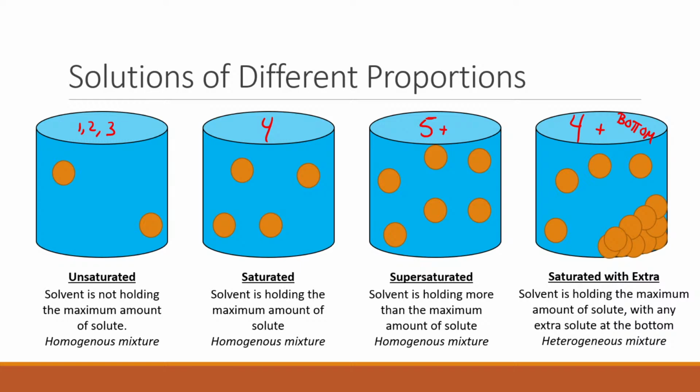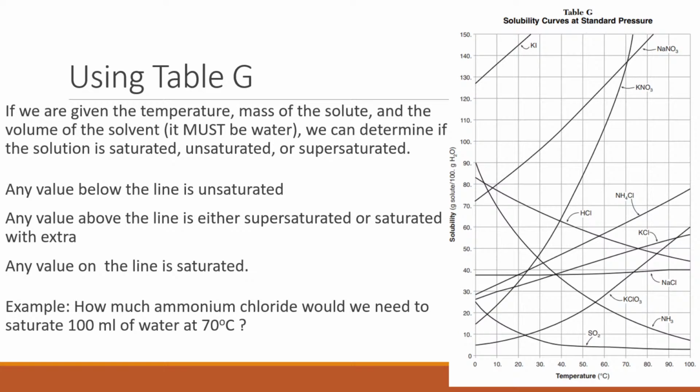That's why we have a piece of the reference table that's going to help us determine when something is saturated, supersaturated, unsaturated, or saturated with extra. And that piece of the reference table is table G. Here we have table G in all of its glory, and it is a little more intimidating at first glance.